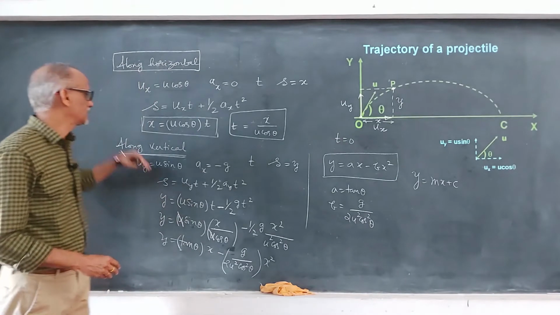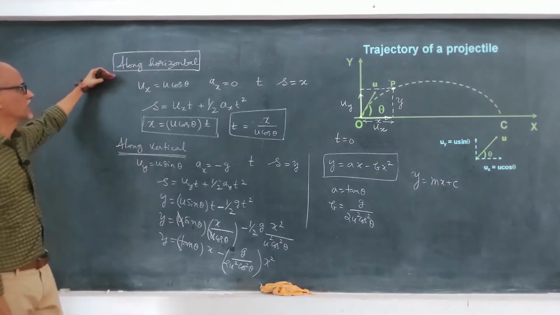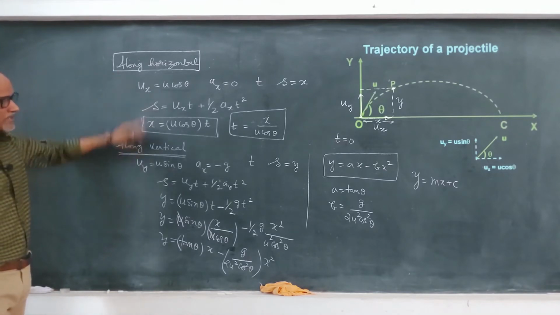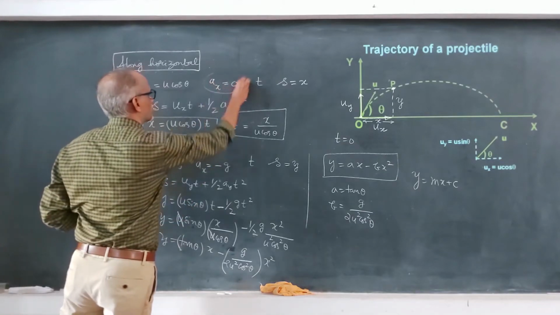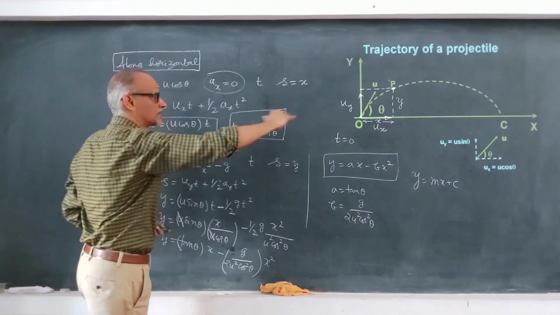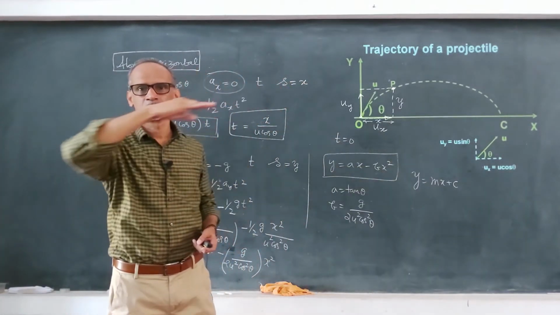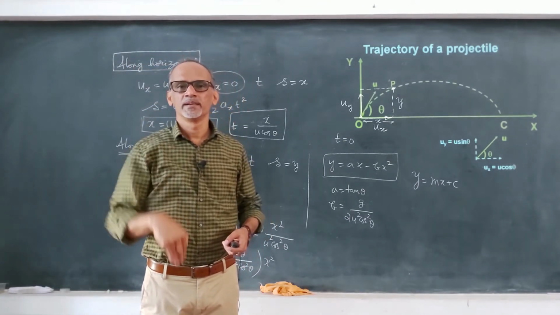You have to write two separate motions. You cannot combine them together. Either apply along the horizontal or apply along the vertical and then try to relate them. Hope you understood. The acceleration along the horizontal is 0, because the body moves with a uniform velocity along the horizontal. Along the horizontal there is no acceleration, no force. The force is only vertically downward, because of the gravitational force.